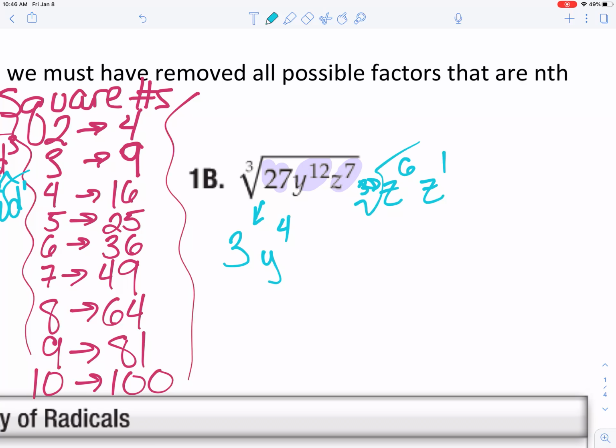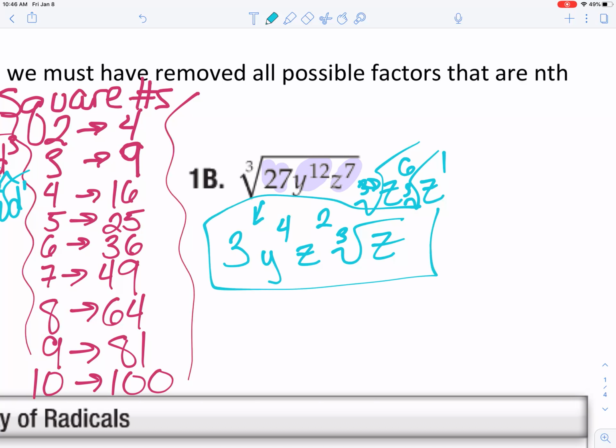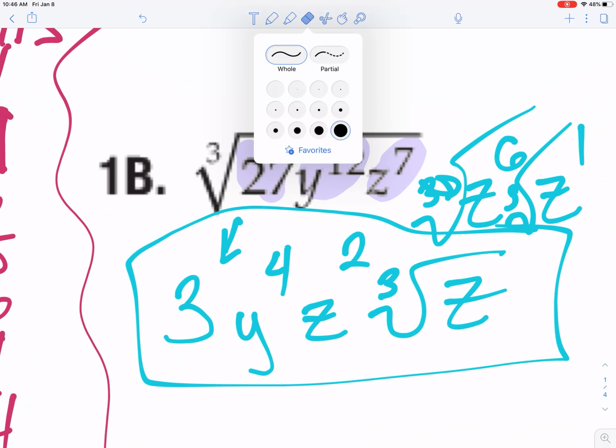So this cube root of z to the 6th becomes z squared, since 6 divided by 3 is 2. And that means my cube root of z to the first, or just regular z, is what's left over, making that my final answer.